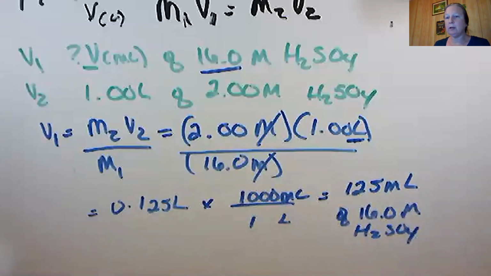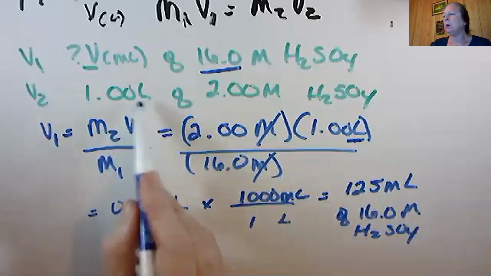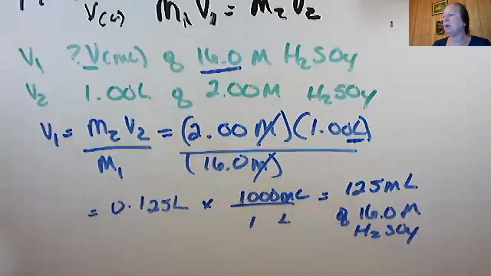And you're going to put it in a container. Because this is acid, we always add acid to water. You're going to put it in a container with about 800 mils already in it, because this is 1 liter, 1,000 mils. You add your 125 mils of acid carefully, keeping away from the vapors. You will see it swirl down in there. It's kind of cool because acid's heavier. And then you will add water until you reach the volume that you're looking for, which is 1 liter.